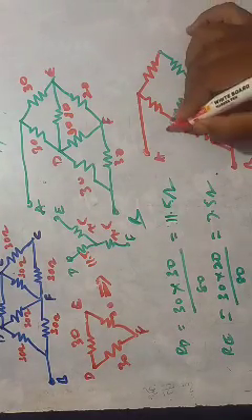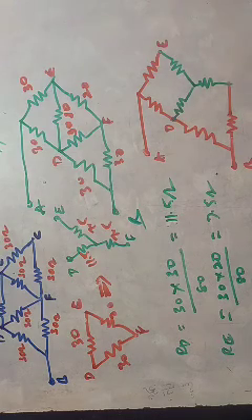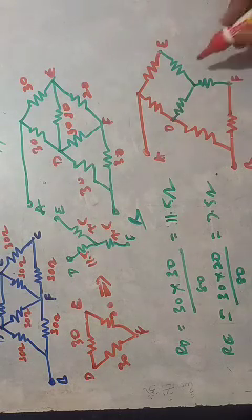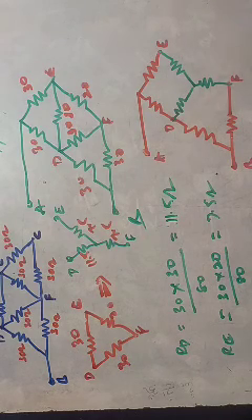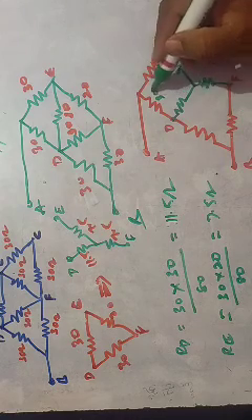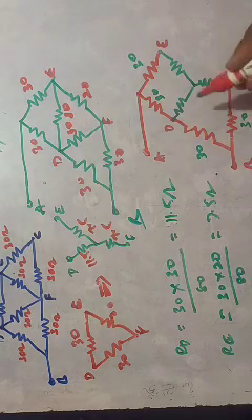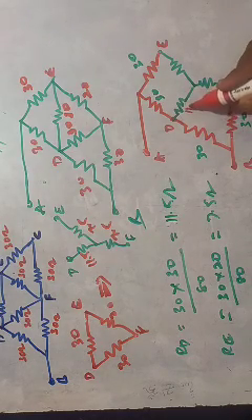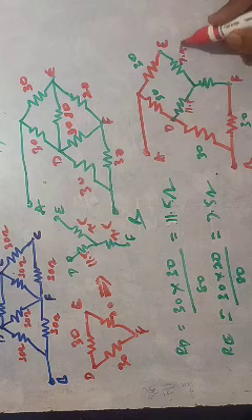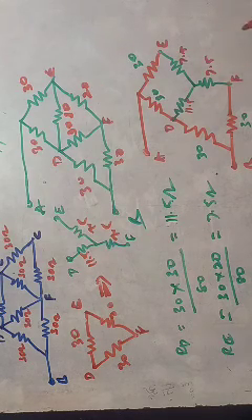This is D, this is E, this is F. Some may assume this point P, or if you ignore, no problem. The value of this is unchanged, 30. This is also 30, and this is 30 and this is 30. Whereas these values we have obtained are 11.5, 7.5 and 7.5.